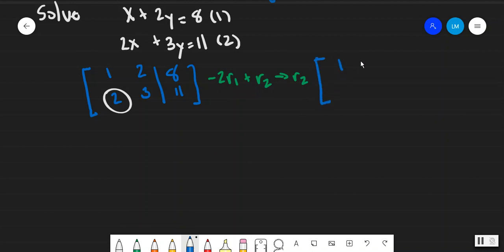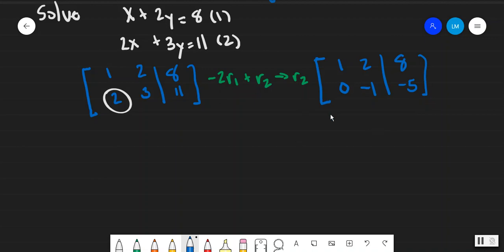We have 1, 2, 8, but then negative 2 times 1 is negative 2, plus 2 is 0. Negative 2 times 2 is negative 4, plus 3 is negative 1. Negative 2 times 8 is negative 16, plus 11 is negative 5.